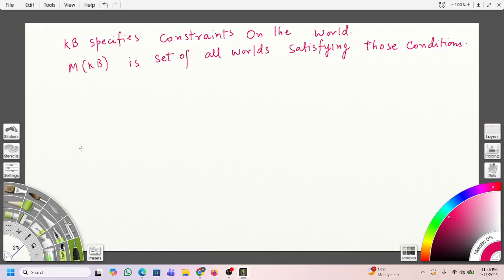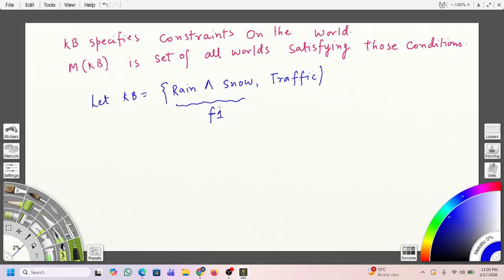We have an example here: let KB be rain and snow, and traffic. This part, rain and snow, is F1, formula 1, and this part, traffic, is formula 2, F2.